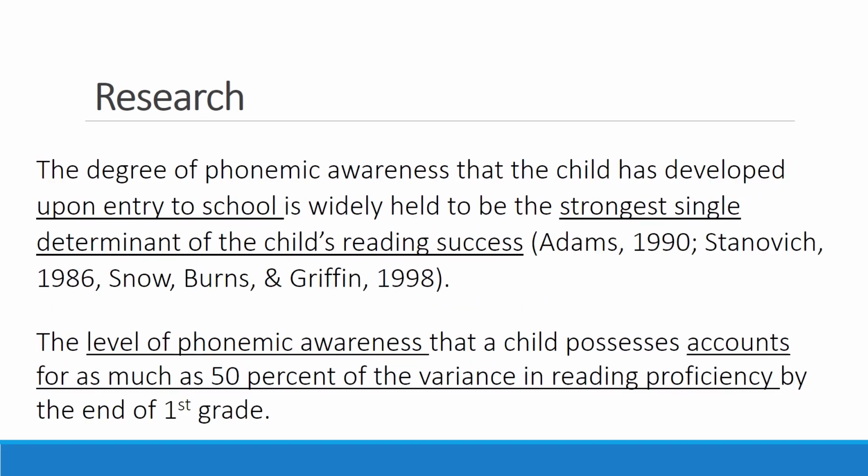The degree of phonemic awareness that a child has developed upon entry to school is widely held to be the strongest single determinant of the child's reading success. The level of phonemic awareness that a child possesses accounts for as much as 50% of the variance in reading proficiency by the end of grade 1.